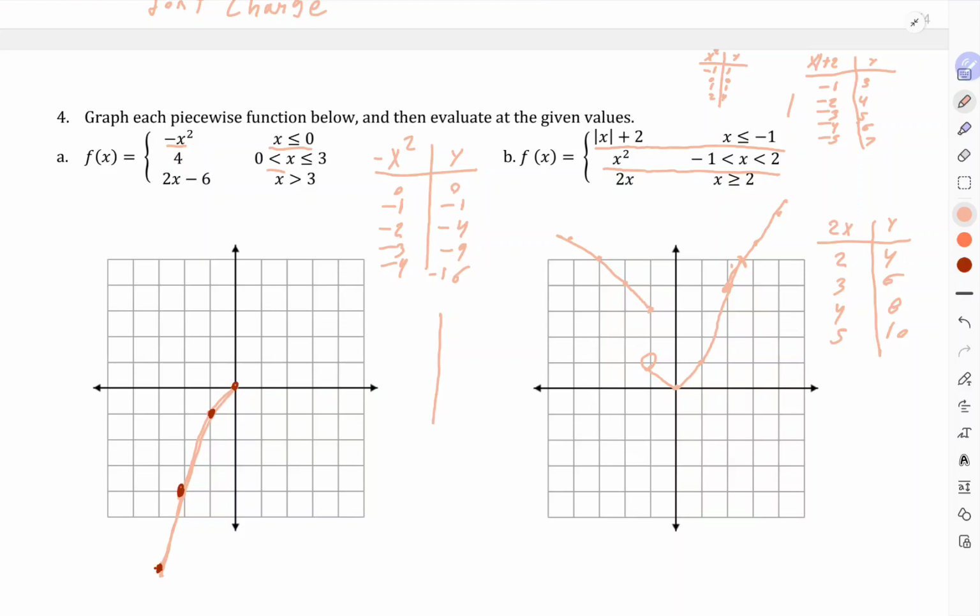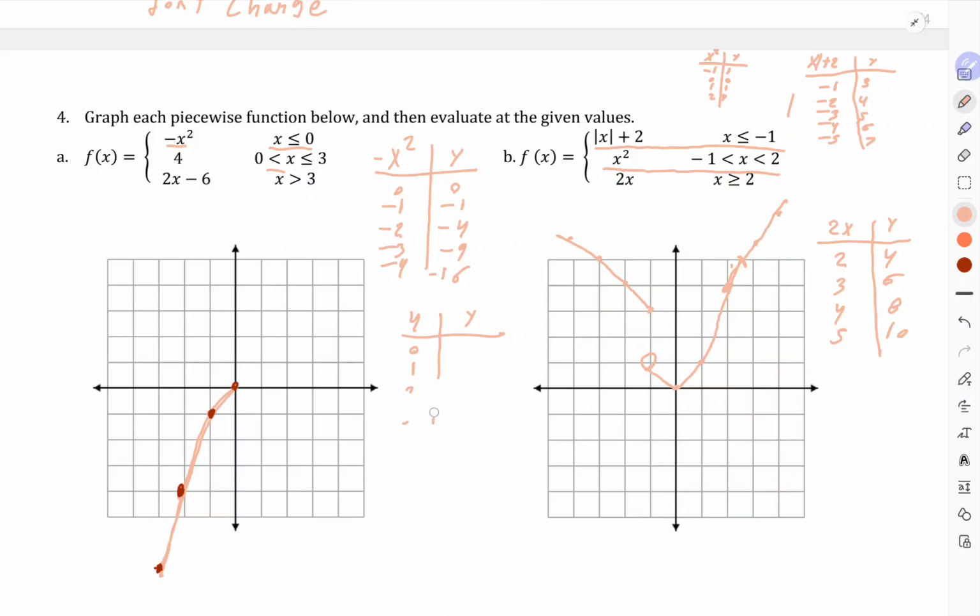So y, and you already know you got your 0, 1, 2, 3, and that's it.